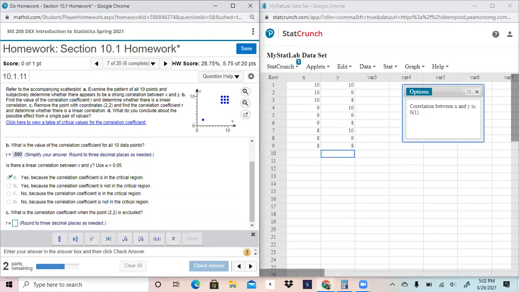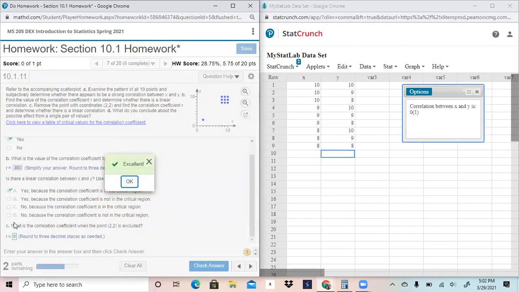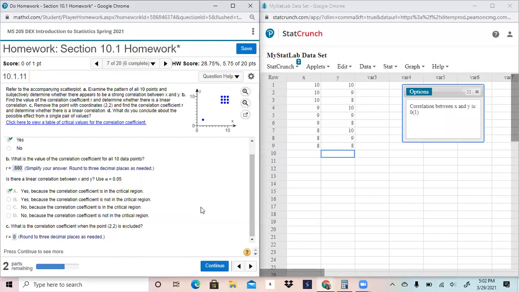So now the correlation coefficient, when we take the point 2, 2 out, is actually 0. Outliers have a strong tendency to affect the correlation values. Often they'll just take it off to one side or the other, but this one actually created a correlation where there was none.